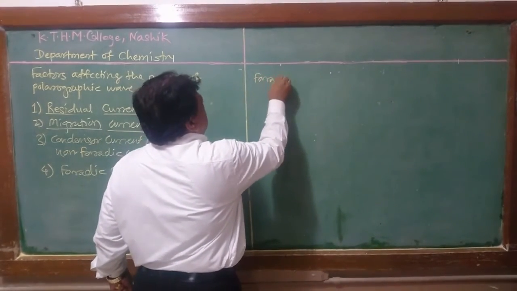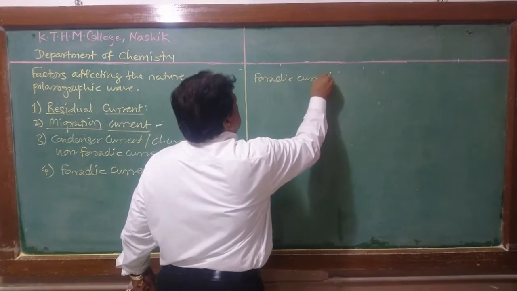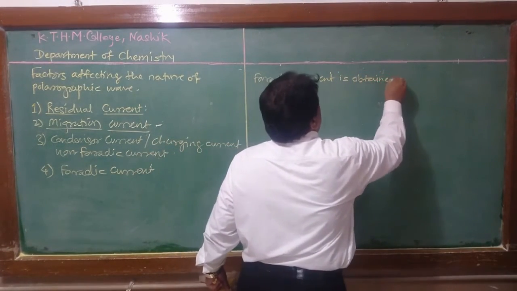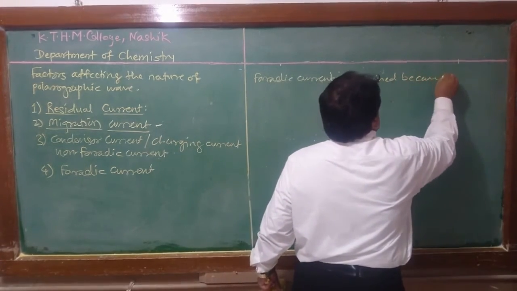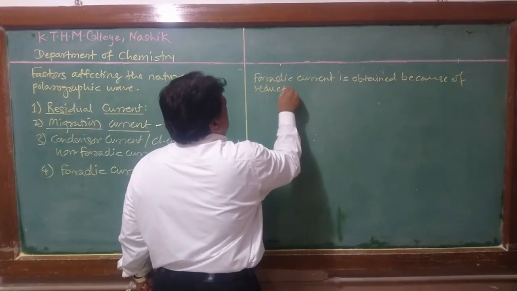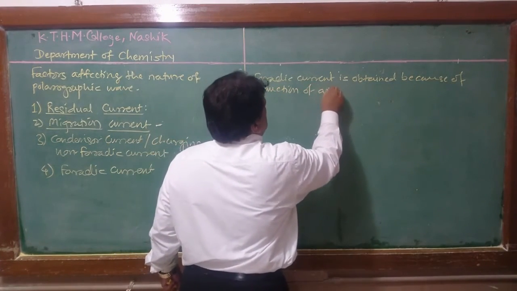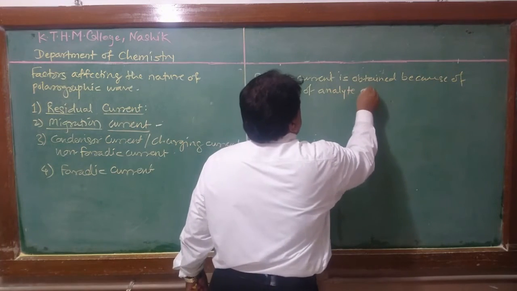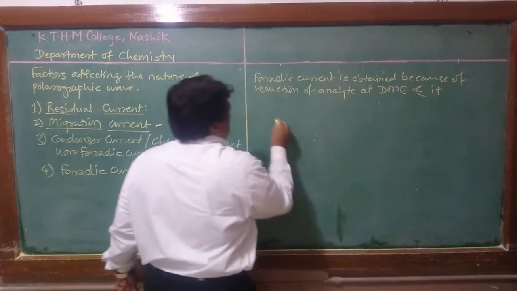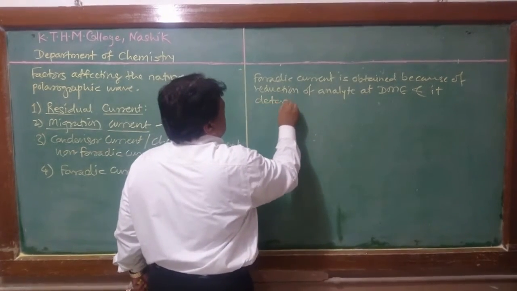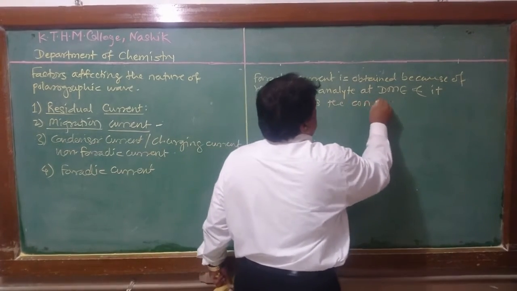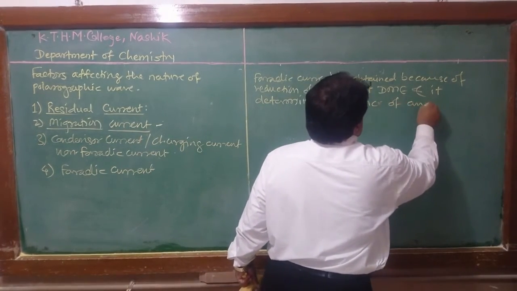Faradic current is obtained because of reduction of analyte at the DME, and it determines the concentration of the analyte.